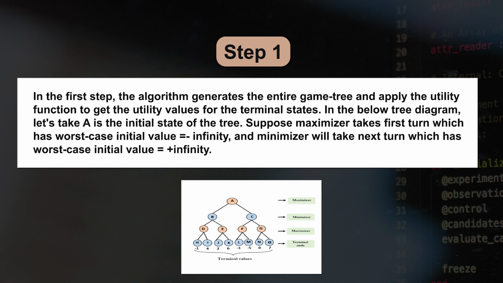Again we have the successors of D, which are H and I, the successors of E, J and K, the successors of F, L and M, and the successors of G as N and O. In the terminal nodes we have values -1, 4, 2, 6, -3, -5, 0 and 7.